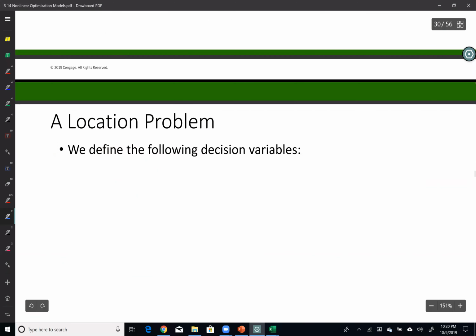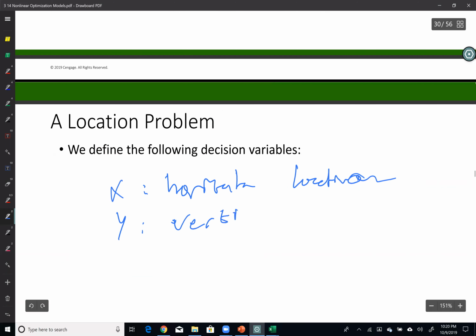Now I can define my decision variables in this problem as X and Y, which is the horizontal location, and this is my vertical location.